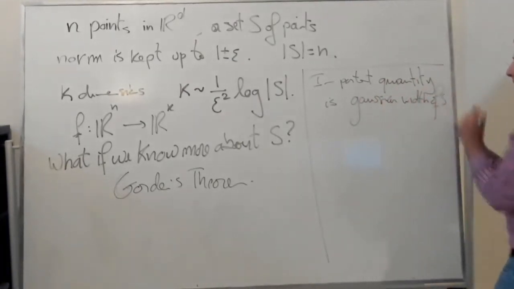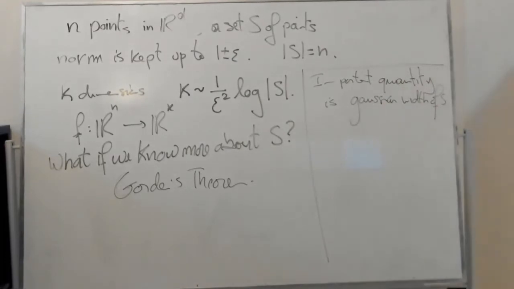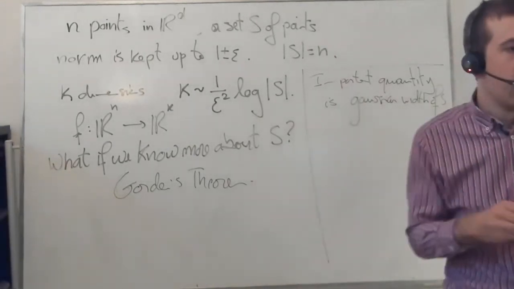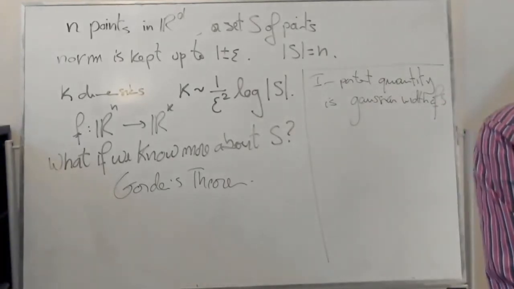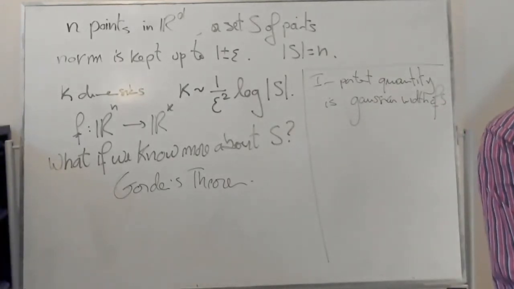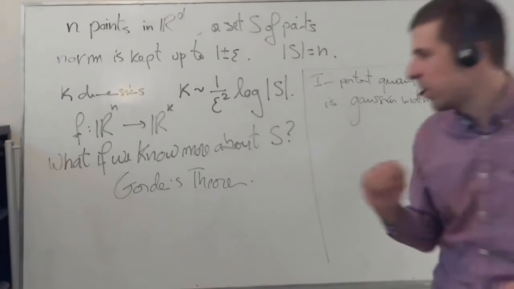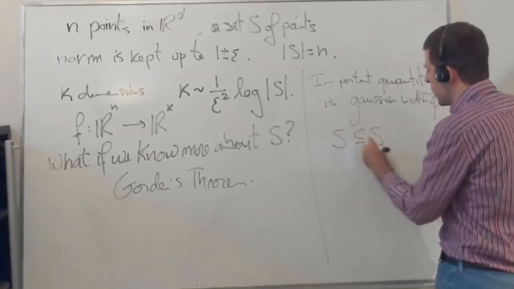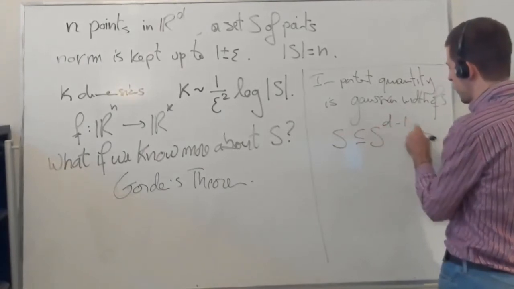So what is the Gaussian width? We're going to take our points to be in the sphere, just to make things easier. Because if we want to keep, say, the norms up to a multiplicative factor, then it doesn't matter what the norm actually is. We can renormalize everything. So we're going to assume that our set S is inside the sphere of d minus 1 dimensions.